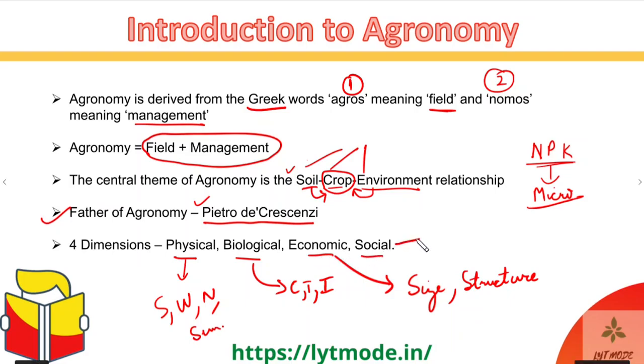And then there are the social factors as well. So in the social factors there are things like food, nutrition, health, all of these come into being. So according to that, the kind of crop that you are growing will change, the kind of output and productivity you want will change, how you market the crop, everything changes with the social aspects as well. So these are the four basic dimensions according to which agronomy is defined. Okay.